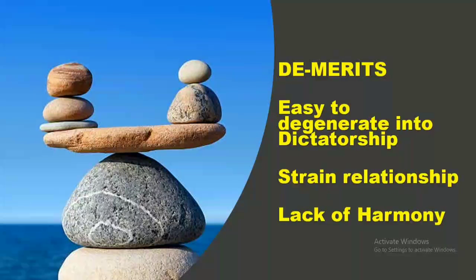It's easy to degenerate into dictatorship, and also to strain the relationship between executive and legislature. If so, it will not be able to run a proper government, and it doesn't work for the welfare of the people. That's why the demerits have to be put to an end.